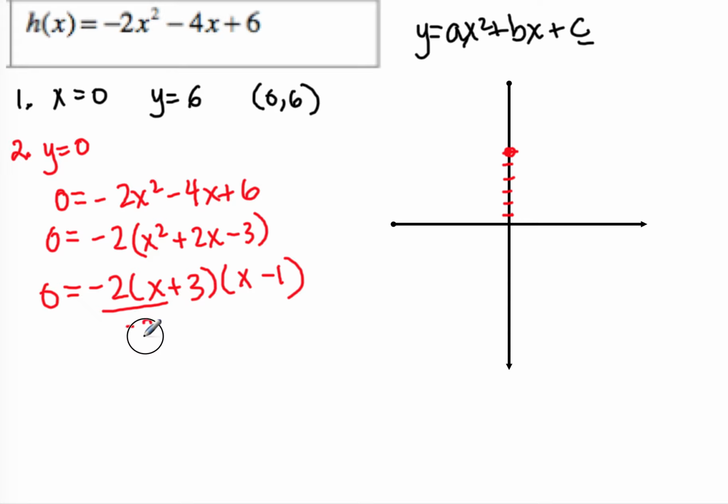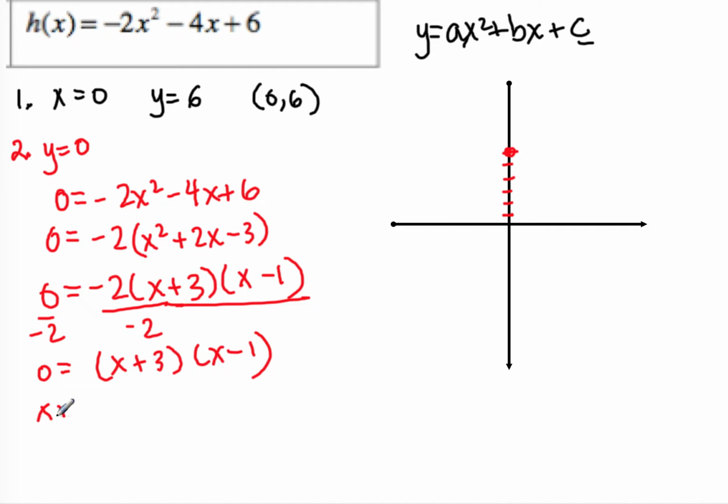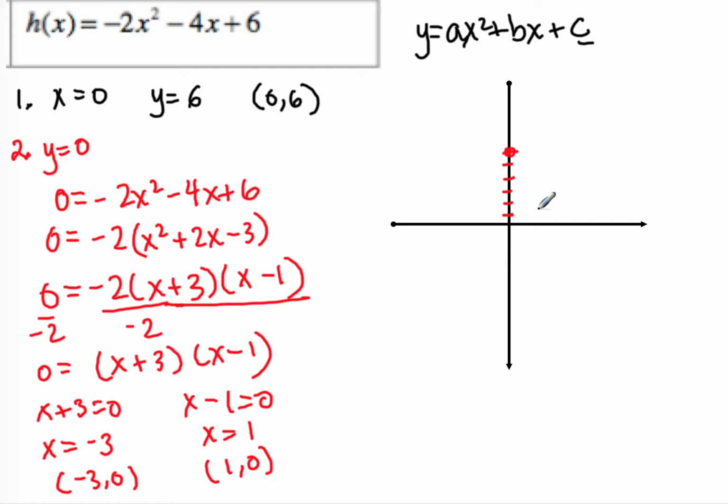First I'll divide both sides by the negative 2. So I have (x plus 3)(x minus 1), and the zero property just states x plus 3 has to be 0 or x minus 1 has to be 0. So x is negative 3 or 1. So negative 3, 0 and 1, 0. So here's 1, 0, and 1, 2, 3, negative 3, 0.